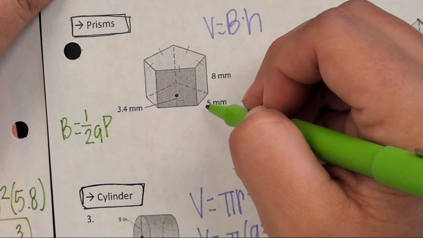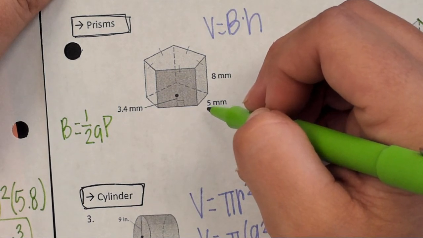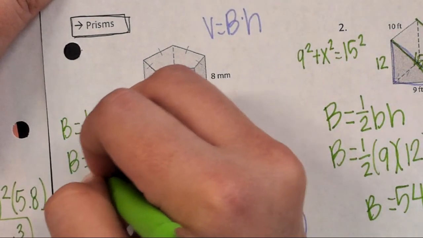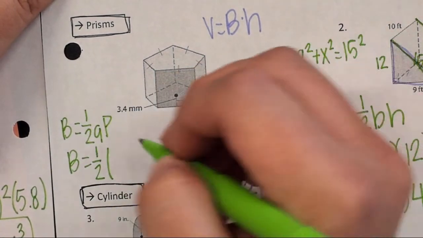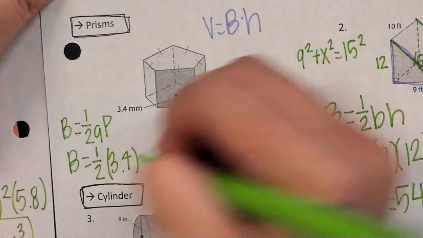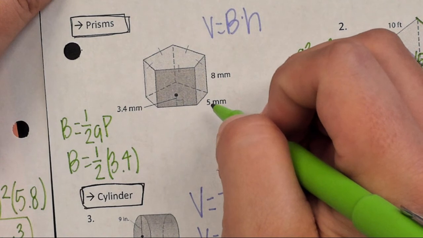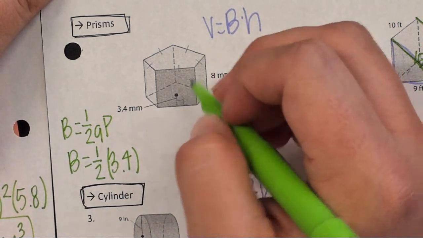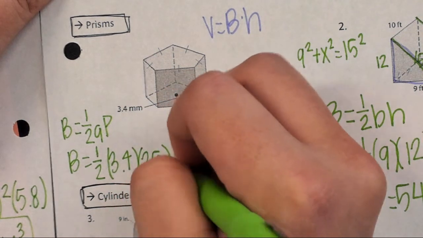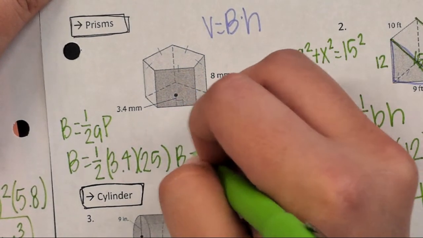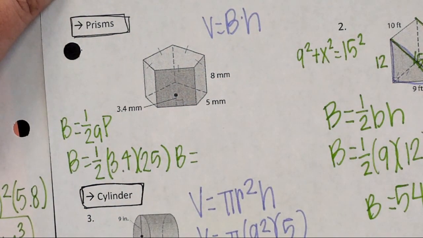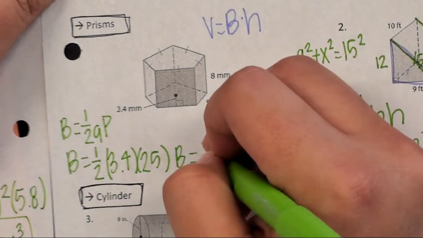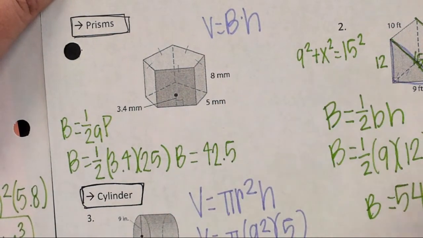You can find the perimeter, which is 25. So, 1/2, what was the apothem? 3.4. They told us that one of the sides was 5, and they told us that all the sides are the same. So 5 times 5 is 25. So I'm finding that it's 42.5.